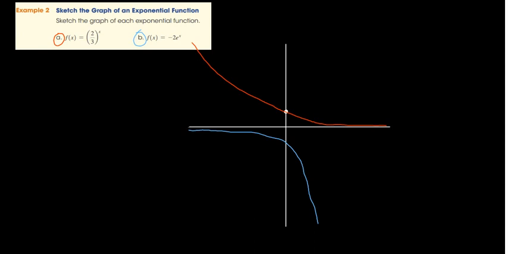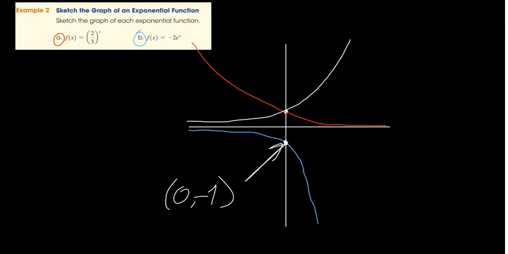Okay, so let's denote this point real quick. Right here is the point 0, negative 1. Well, if I'm flipping across the x-axis, so if I'm above the x-axis and I shoot through the point 0, 1, that makes sense, right? But then if I'm flipping across the x-axis, then it only makes sense that I also go through the point 0, negative 1, correct?